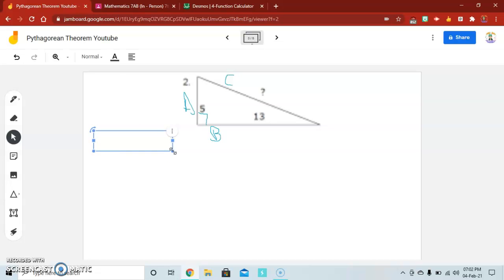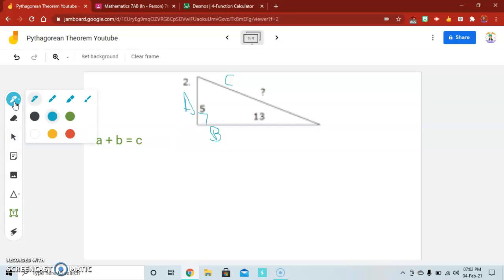I made a mistake to type in the previous slide. It's going to be A squared plus B squared is equal to C squared. And we're going to put in the numbers squared.